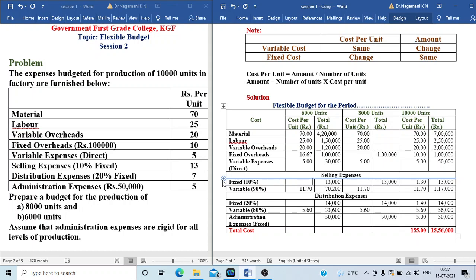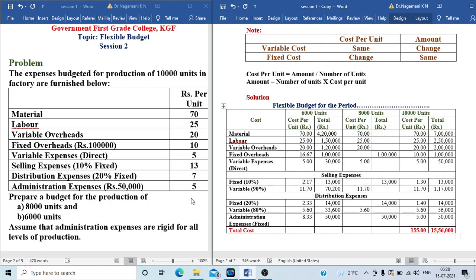Next, under selling expenses, fixed is 10%, the amount is 13,000 divided by 6,000, 2.17. Next, under distribution expenses, amount is 14,000 divided by 6,000, 2.33. And for administration expenses, 50,000 amount is there divided by 6,000 units. The cost per unit is 8.33.